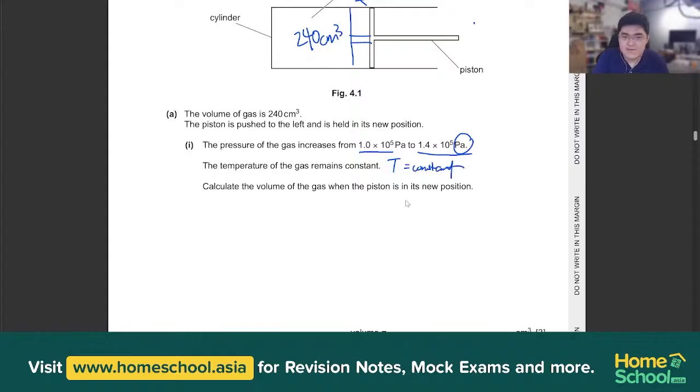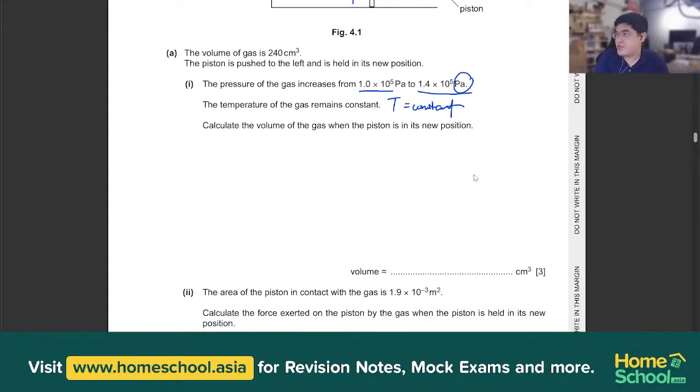So now we need to calculate the volume of the gas when the piston is in the new position. This question is pretty straightforward. We do know that pressure times volume equals a constant. So we can write pressure 1 times volume 1 equals pressure 2 times volume 2.